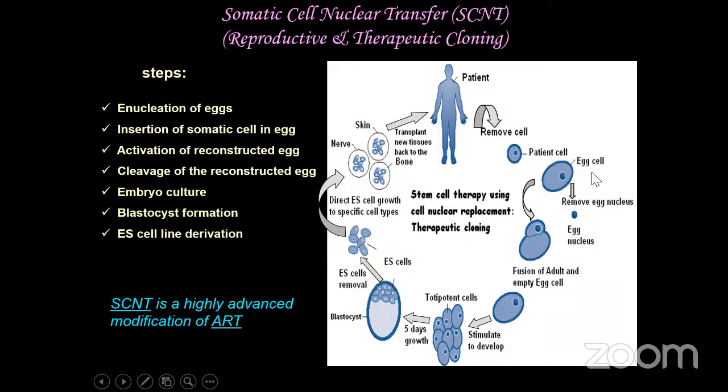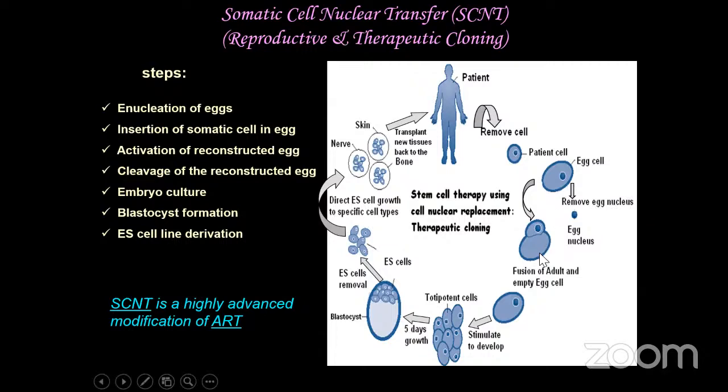You take one egg cell or oocyte and remove the egg nucleus, because the nucleus holds the genetic material that provides our own identity. If we remove it, it has only the cytoplasm, everything except the nuclear material.